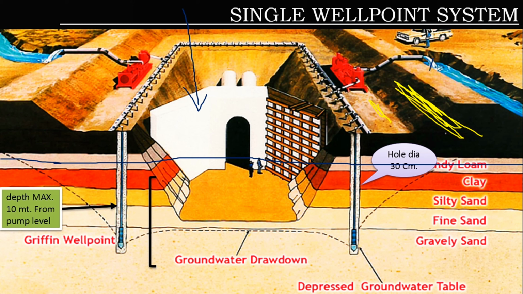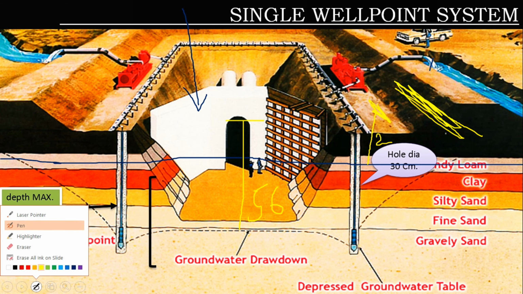So you start your excavation work, and during the excavation work, when you dig out up to 2 meters, you feel that there is a water table, but your actual construction needs it up to 5 meters or 6 meters.